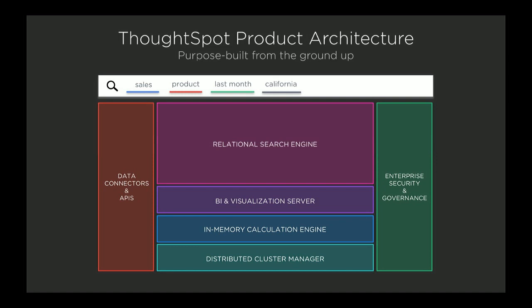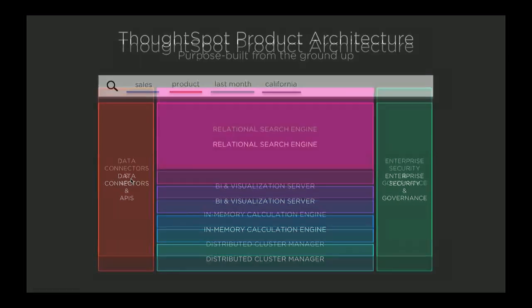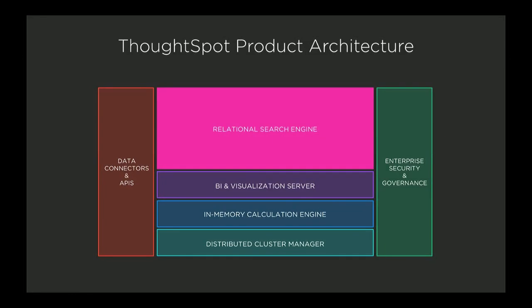And we'll go through them in this order. We'll start off with the relational search engine, the BI and visualization server, the in-memory relational cache and its calculation engine, and then its distributed cluster manager, and then how we apply enterprise governance and all the related data connectors for our data access. So let's start with the relational search engine.